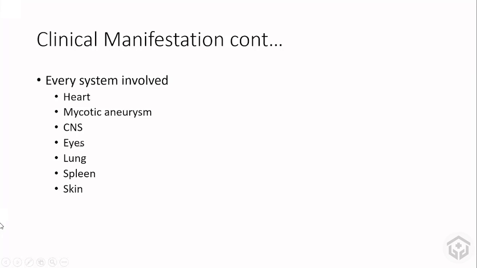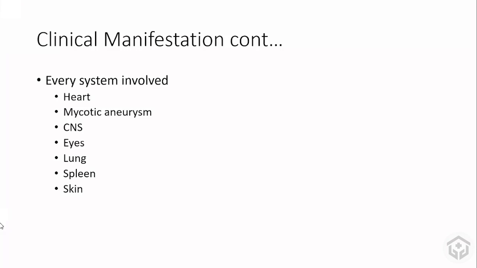Likewise, in the eyes, it is mostly an immunological phenomenon. We can see retinal hemorrhages, also known as Roth spots. In the lungs, usually with right-sided infective endocarditis, septic emboli travel through the pulmonary circulation, lodge in the lung, and can cause infection and pneumonia.